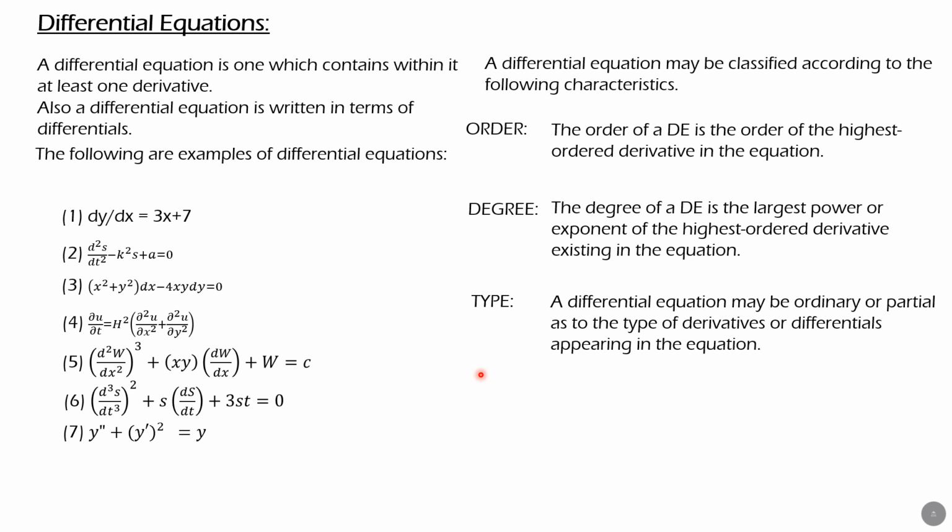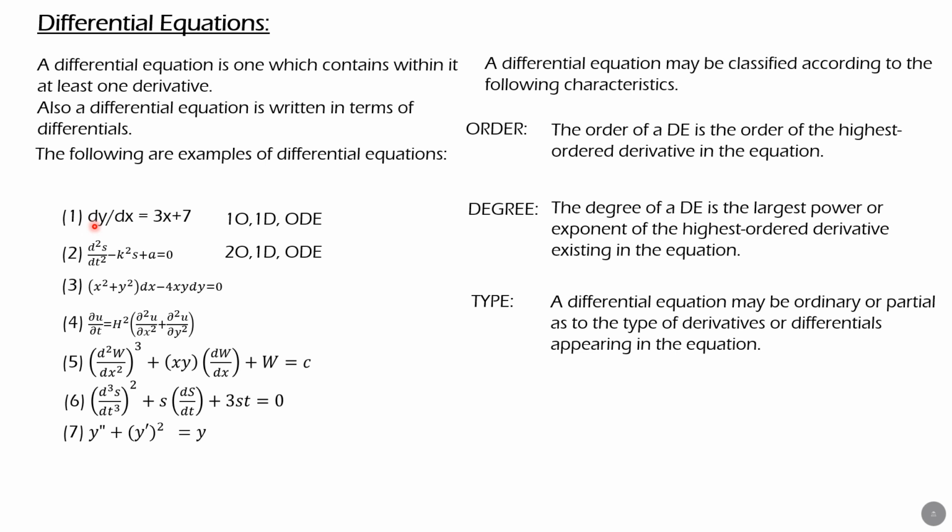The general form of the nth order ordinary differential equation is a function of the nth derivative of y, then the (n minus 1)th derivative of y, and so on until the first order dy/dx, comma x, comma y equals 0.